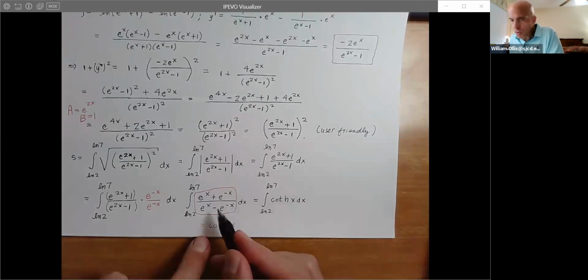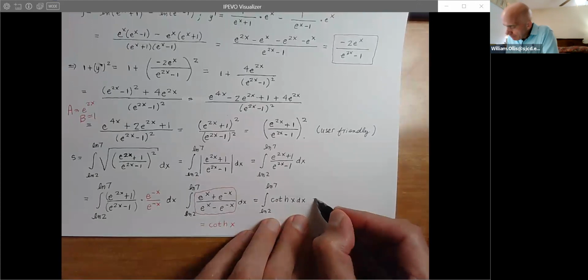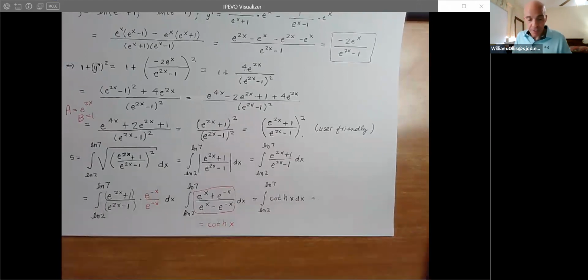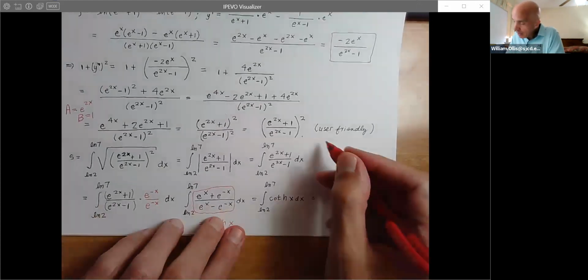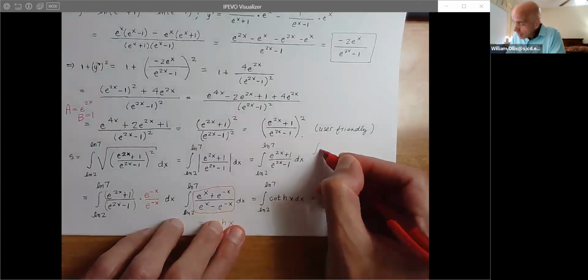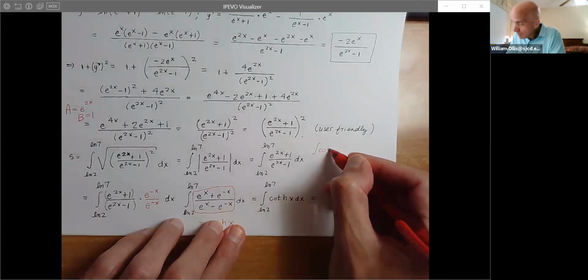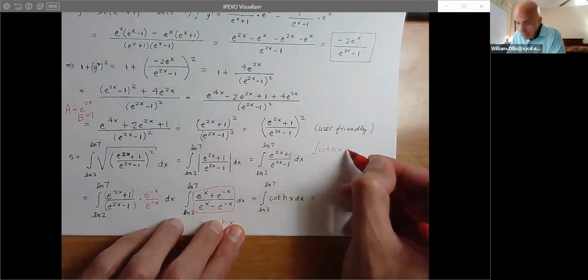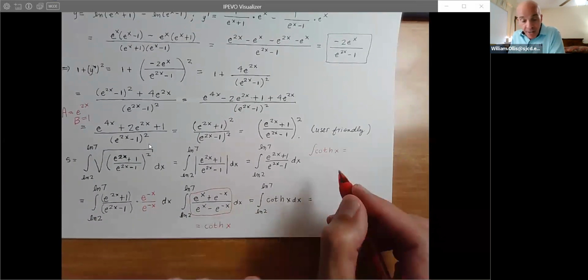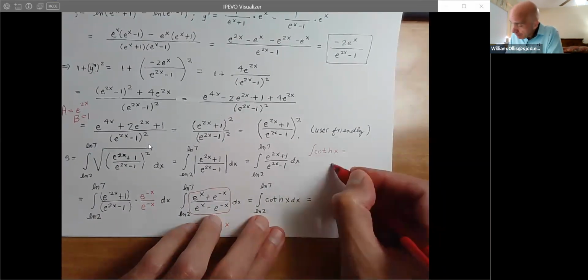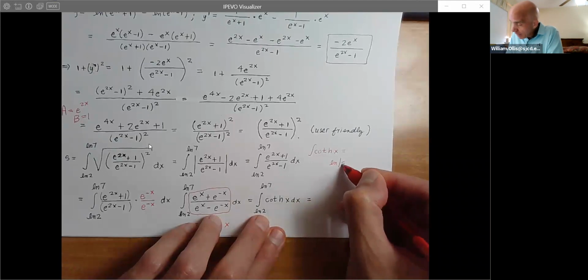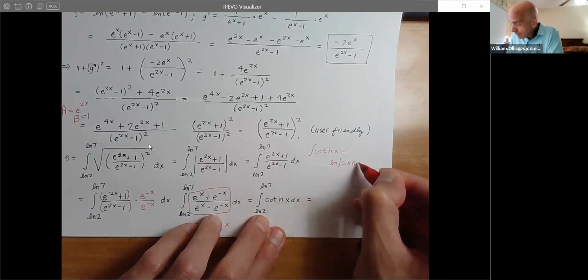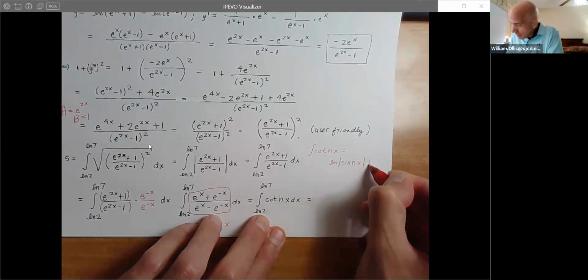And again, you could do this with a du over u. Let me go ahead and put this in. The antiderivative, again, this is du over u. That's how you do this. I just want to go ahead and give you this formula. It is the natural log of the hyperbolic sine plus a constant.